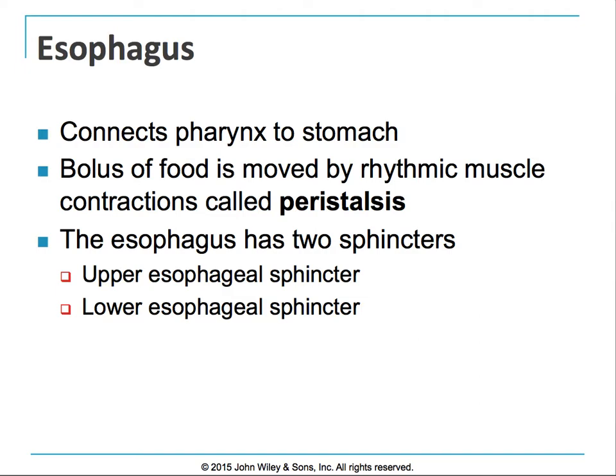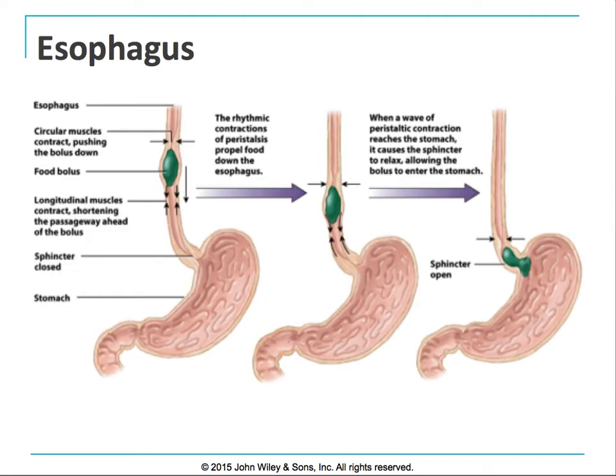So there's an upper esophageal sphincter, and this can tighten or relax to allow food to move into your esophagus. And then there's the lower esophageal sphincter, which tightens and loosens to regulate and allow the bolus to pass from the esophagus into your stomach.